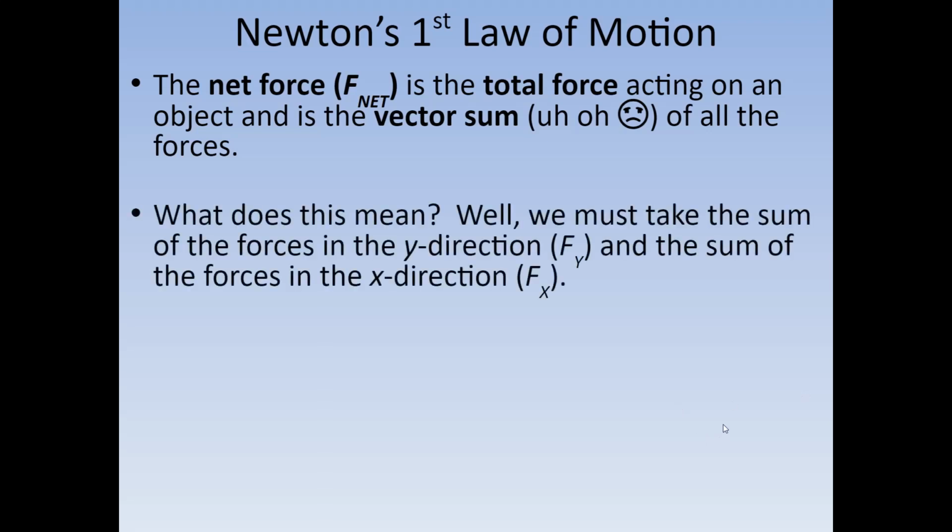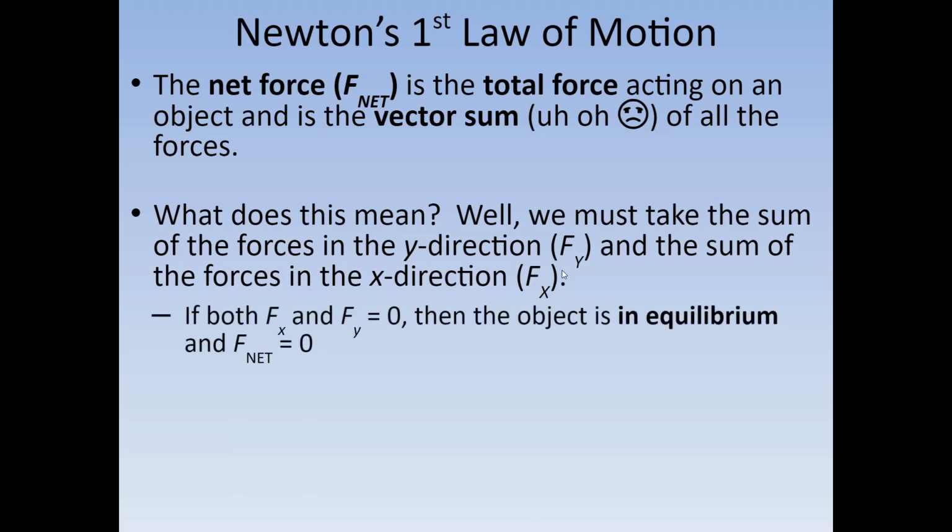So when we have an object that is experiencing forces, what we want to do is look at the net force in the two directions, the x direction and the y direction. You call them like Fx or Fy, or F net x and F net y. Remember, try not to overthink the subscripts. You can put the subscripts however makes the most sense for you.